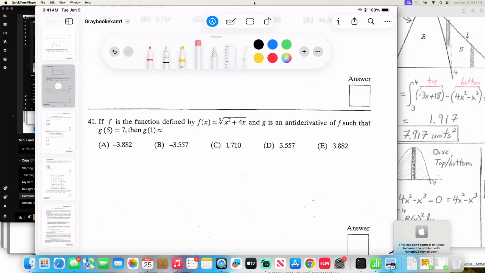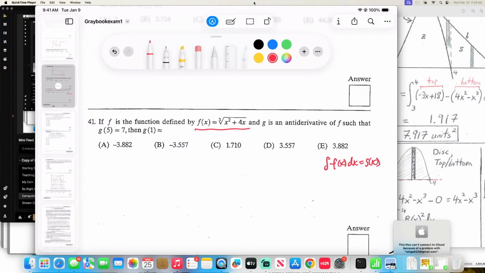So at this question, if you pay attention, what they're saying is this part here, f of x, is equal to the cube root of that, and g is the antiderivative. So if you take the derivative of g of x, you get f of x. That's the first thing you need to understand.